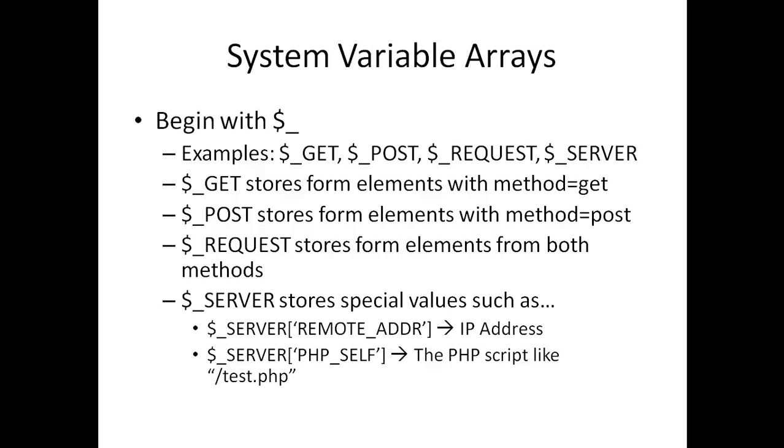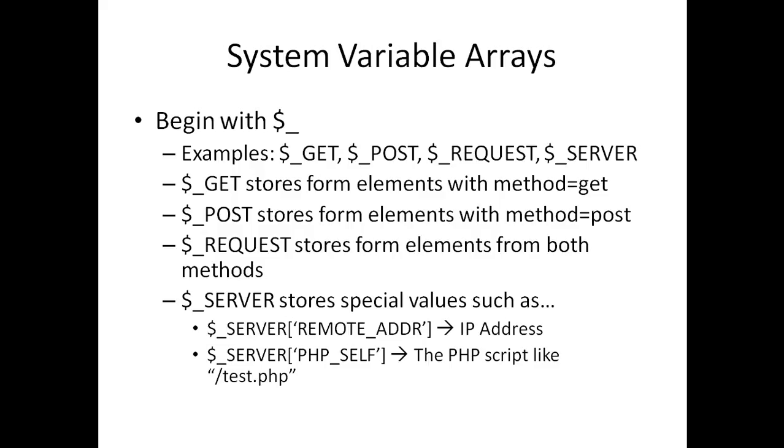But I just want you to understand that if you've seen HTML forms, and you're setting in the form tag method equal get or method equal post, that's what your $_GET and $_POST superglobal arrays store.